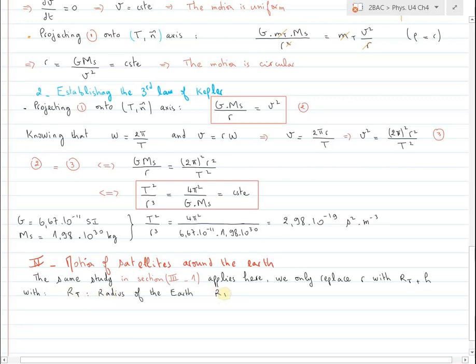So R_T is around 6,400 kilometers, and H is the distance between the satellite and the surface of the Earth.